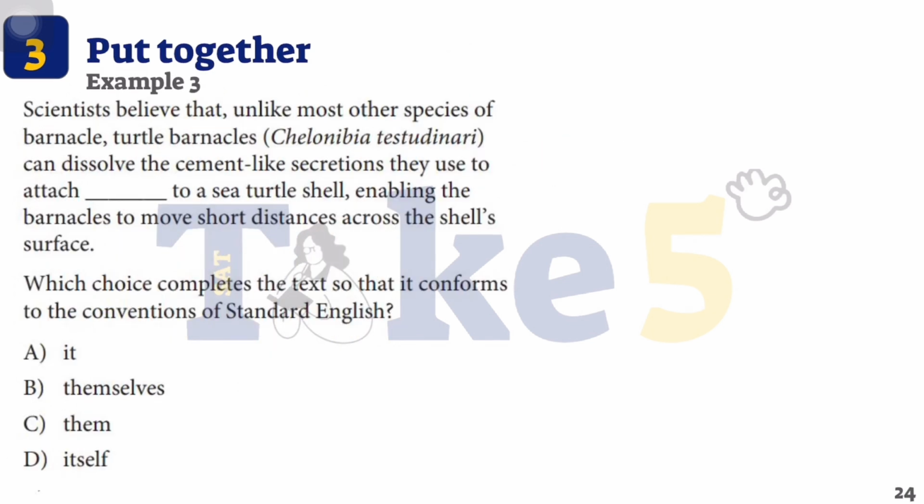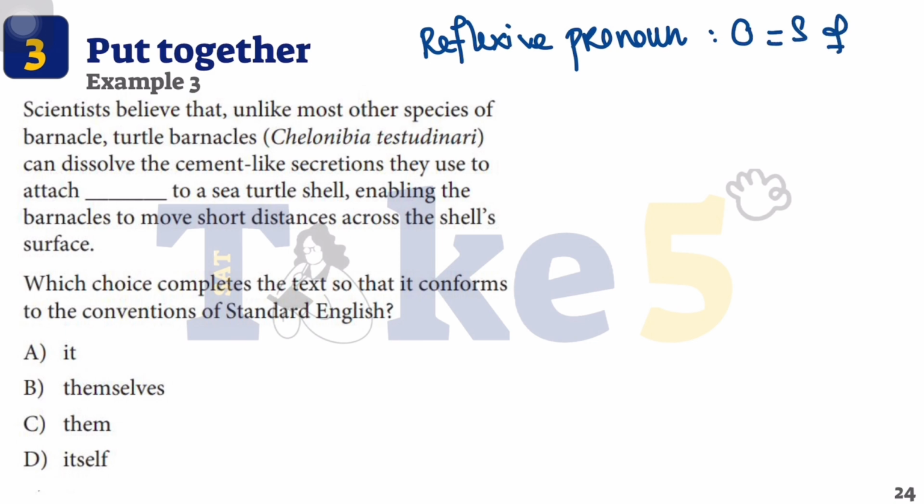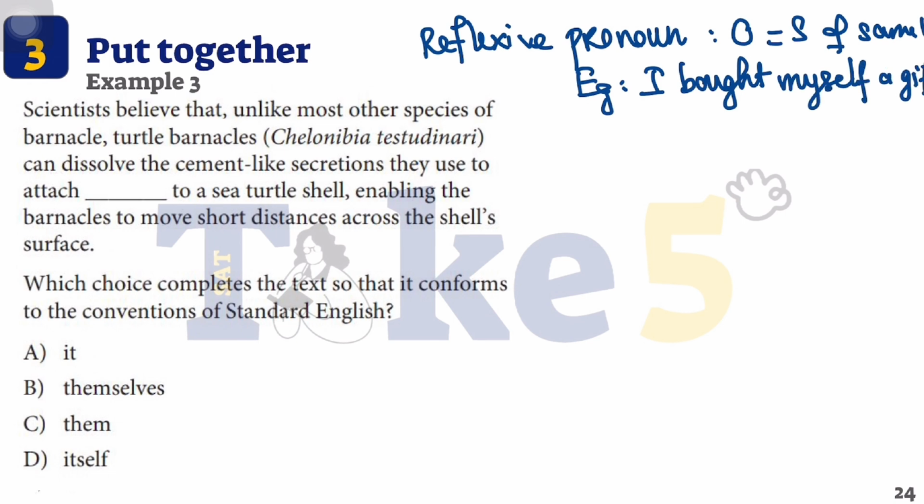This example asks you about reflexive pronouns, which are used as the object when the receiver and the performer of an action are the same. Like, "I bought myself a gift." Slowly scan for this action attached here, and we know that the performer of this action is "they," which we need to check for the referenced object previously. These pronouns refer to the closest plural noun, so turtle barnacles.